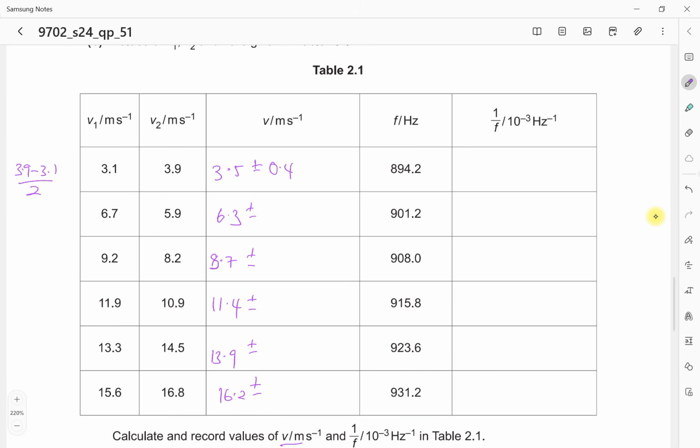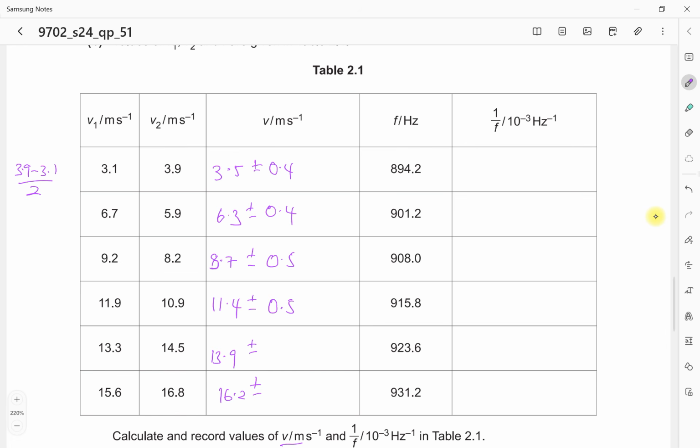6.7 minus 5.9, I think that is 0.8 divided by 2, that is 0.4. 9.2 minus 8.2, that is 1.0 divided by 2, which is 0.5. 11.9 minus 10.9, that is 1.0 divided by 2, which is 0.5.